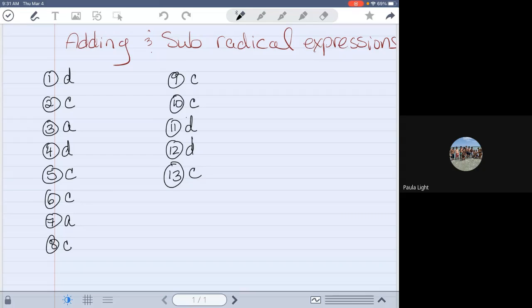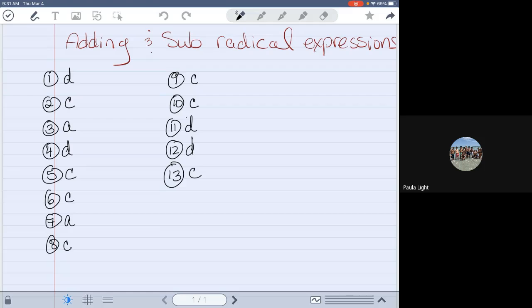So you're doing your check for understanding. You're looking at the answers to the adding and subtracting radical expressions. And if you have a question on any of those, now's the time to ask.